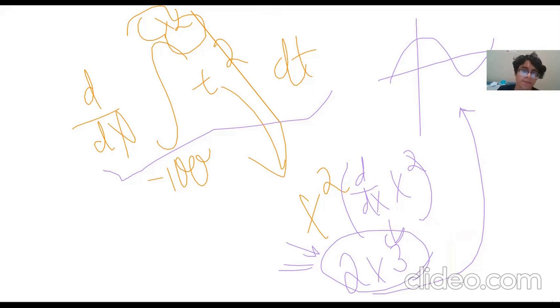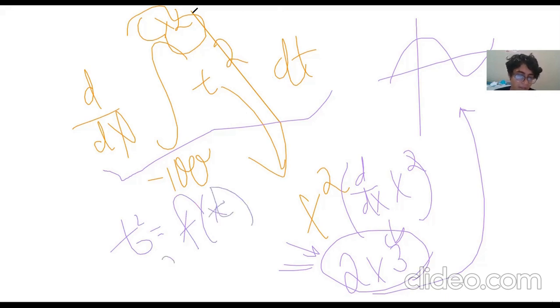yes, so when you use FTC2, make sure you don't plug in a value of x. So if t squared was lowercase f of t, I just drew lowercase f of t, right?